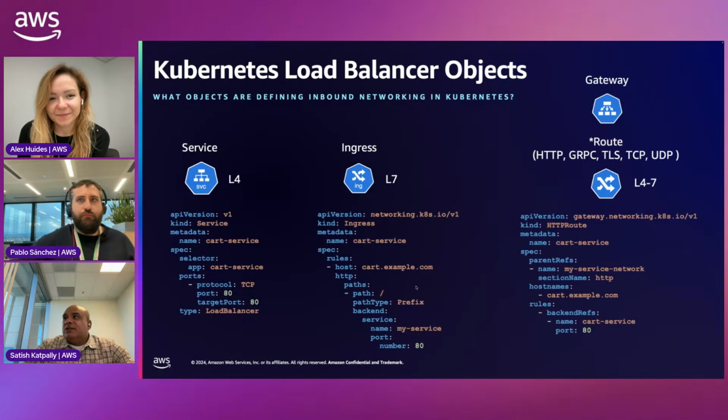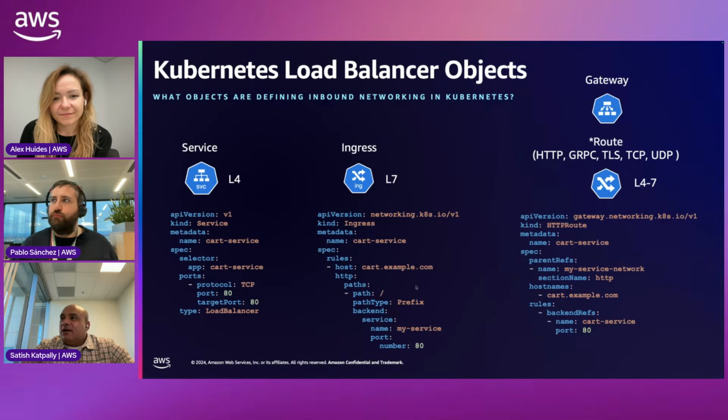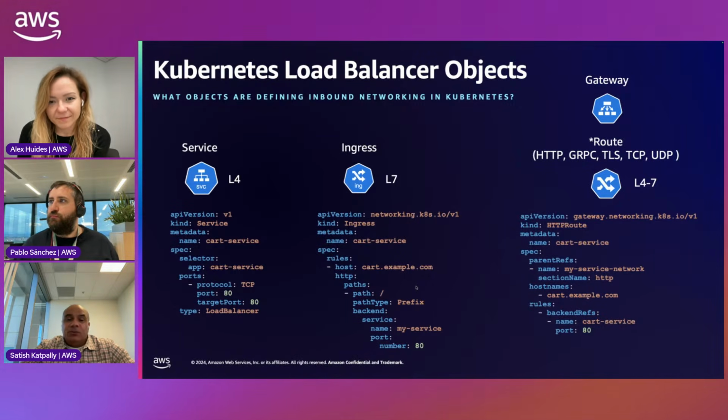That changed in Gateway API, and that gives you that additional capability already, and it supports multi-protocols, like I was saying before, layer 4 through layer 7. And then you have different ways of specifying the rules and the backend refs, with parent refs mapping to the gateway itself.